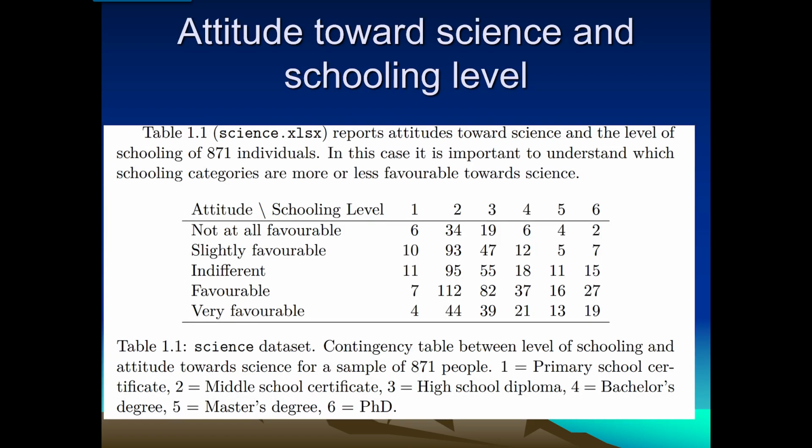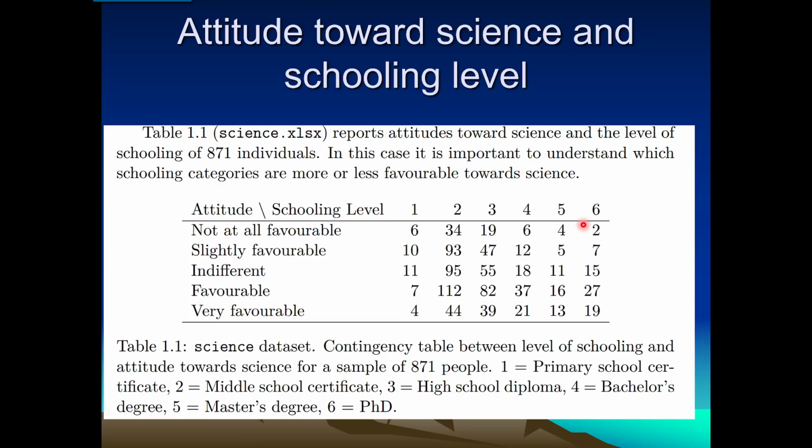So suppose now we start with the problem. This is a contingency table, and here you want to understand who are those most in favor of science, and what is the relationship with schooling level.